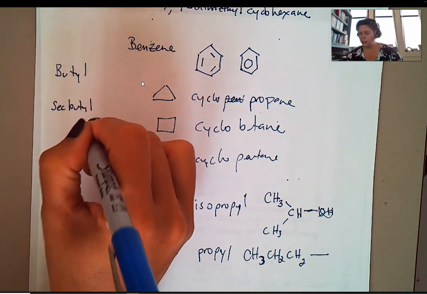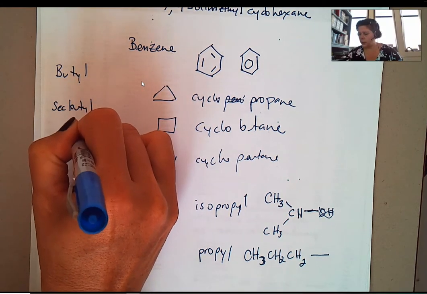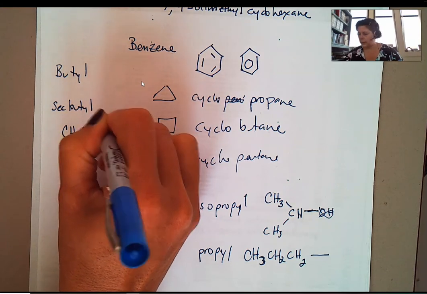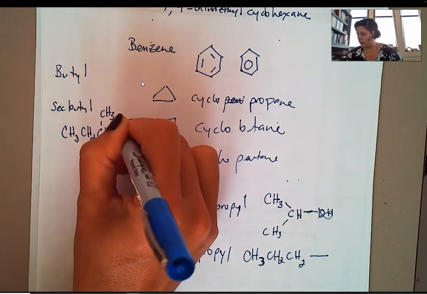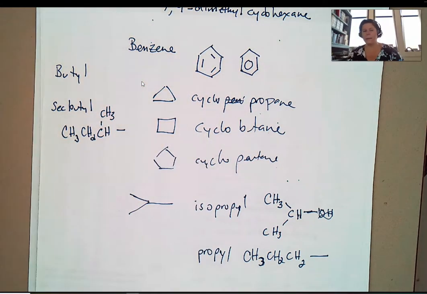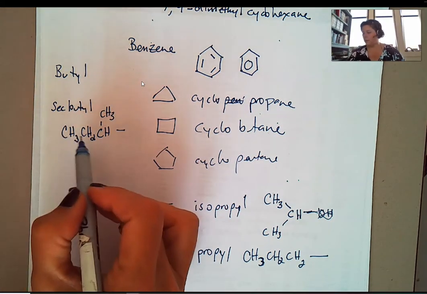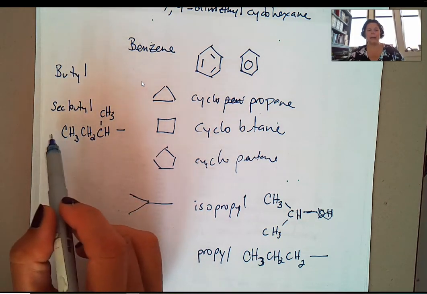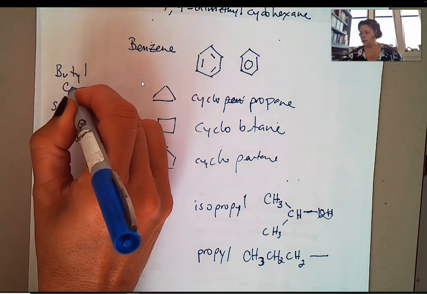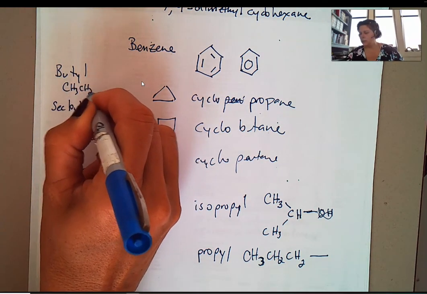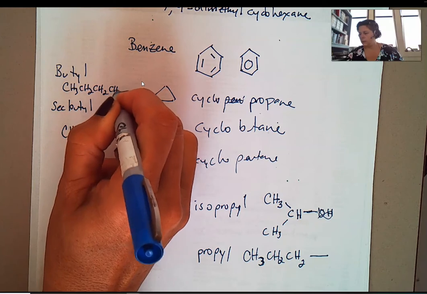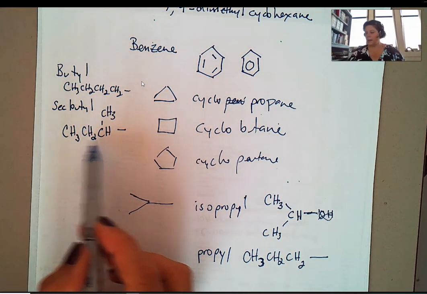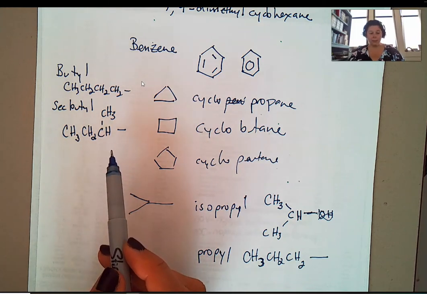And sec-butyl is where you have CH3, CH2, CH3, and then this gets connected onto it because it's got 4 carbons, 1, 2, 3, 4, but the little chain comes off not at the end like with a butyl, which would be 1. So what we're trying to do here is say, oh, there's a group over here, so that's sec-butyl.